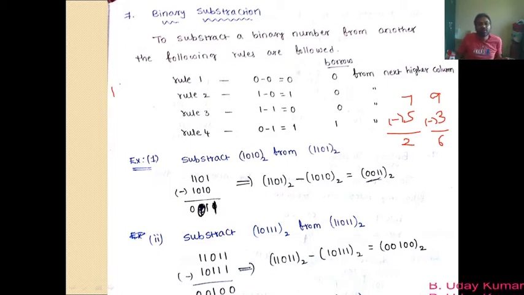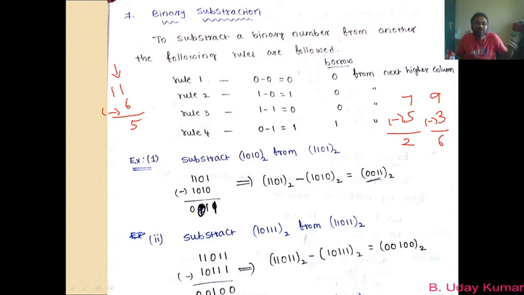For example, if you want to subtract 6 from 11, you know that the answer is 5. This is very simple. But actually, while subtracting, you first consider this column. You cannot subtract 6 from 1, right? So in such cases, you borrow 10 from the higher order column.